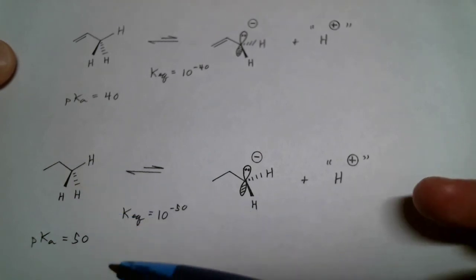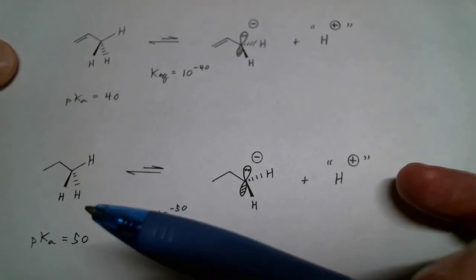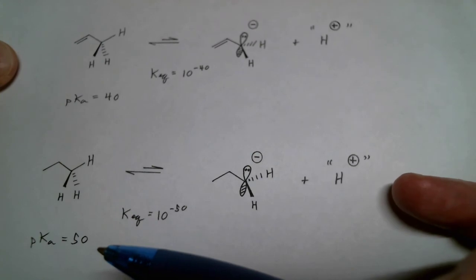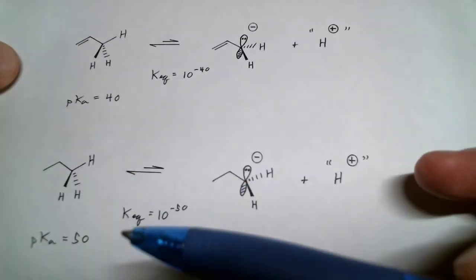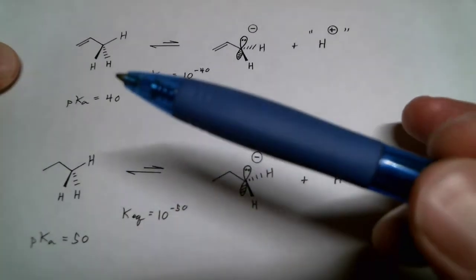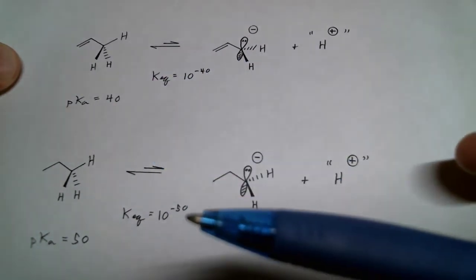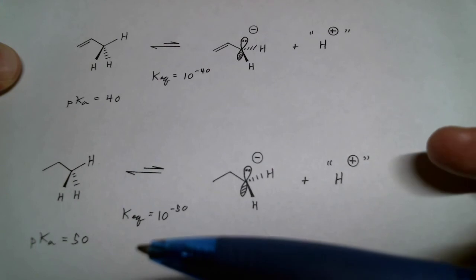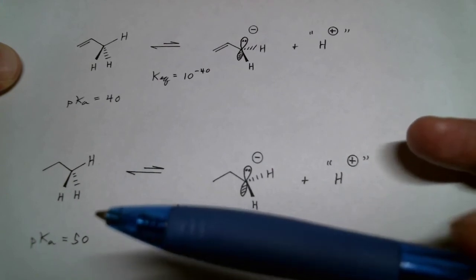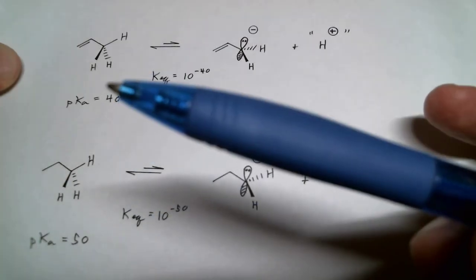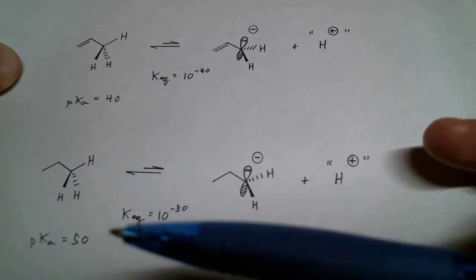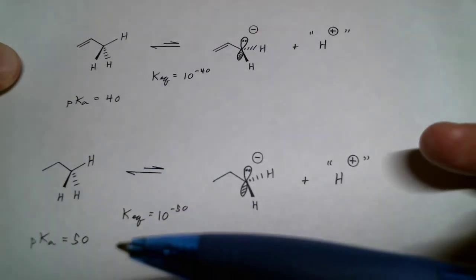If we look at propane, what's the pKa of propane? Well, about 50. So what this is saying, if we compare these two pKa's, is that propene is about 10 orders of magnitude more acidic than propane, because the pKa is 40 instead of 50, right?